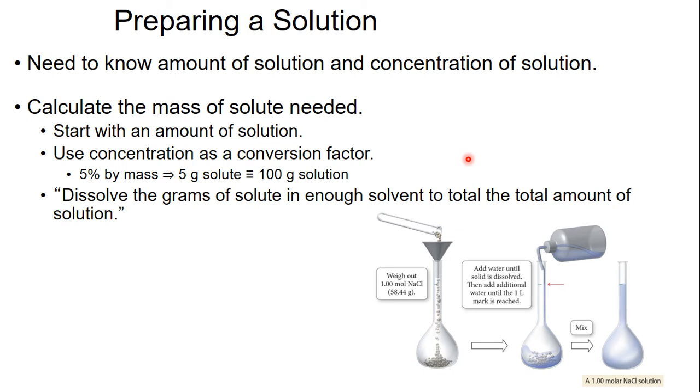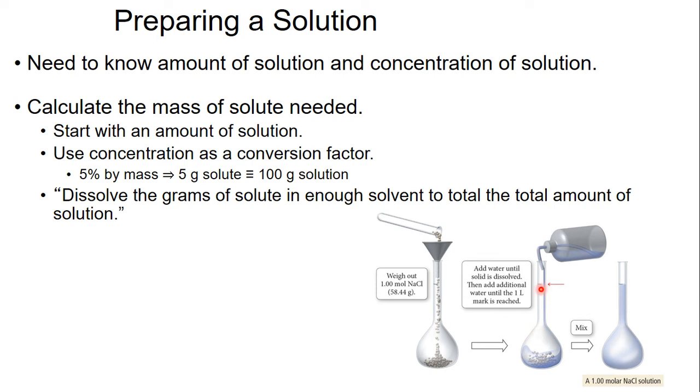So how do you make a solution? First, you want to know what concentration of solution you want. That's usually in molarity, molality, or percentage. From there you can back calculate how much solute you need. You make it using an instrument called a volumetric flask. You add your solid, then you add water, but not to the line.